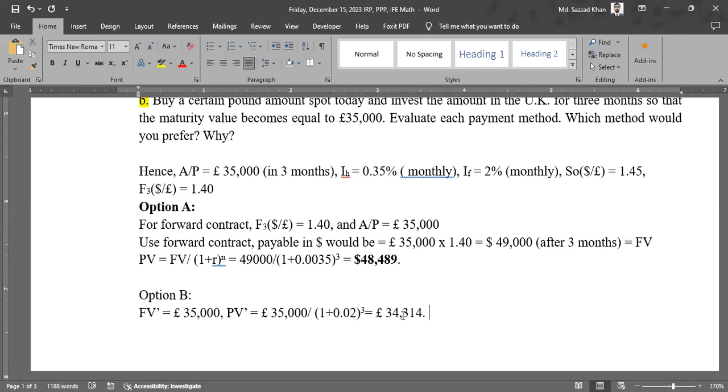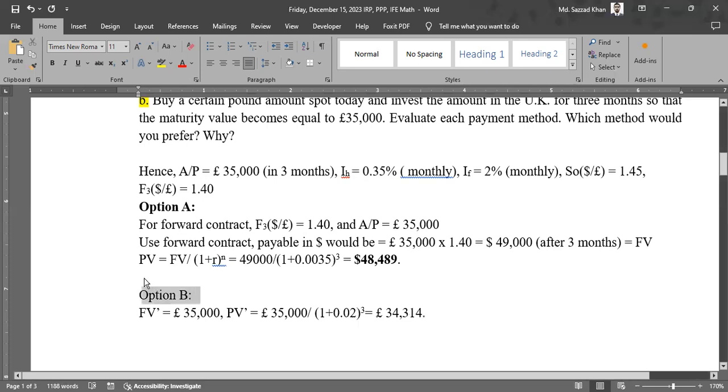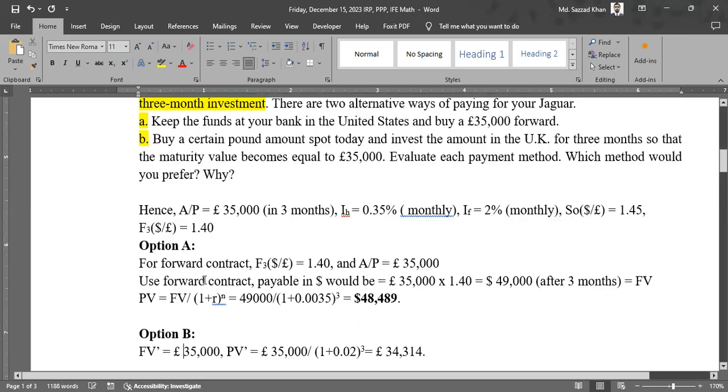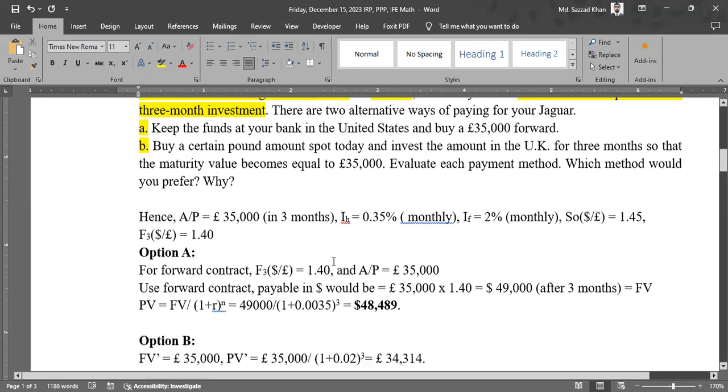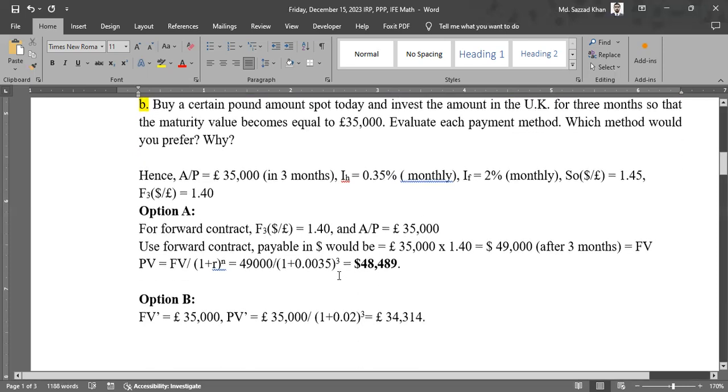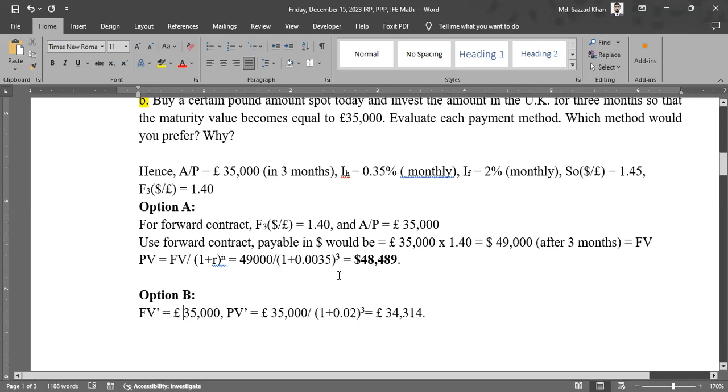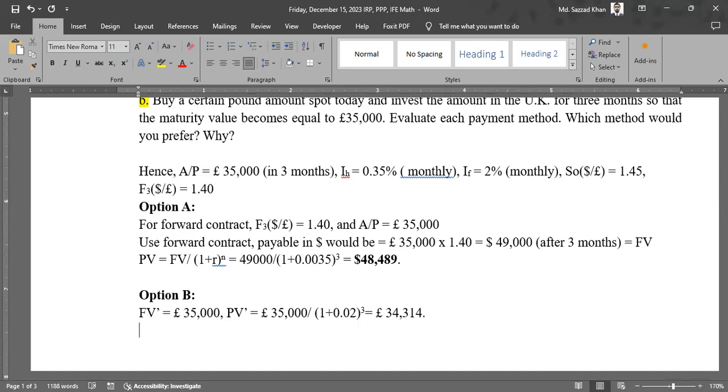But option B said buy the certain amount of pounds, so we need to buy it at the spot price. I'm a US citizen, so I will obviously not buy in pound. I need to buy the pound using the dollar. So what amount of dollars should it cost me to buy 34,314 pounds? I'll be using the current spot rate.